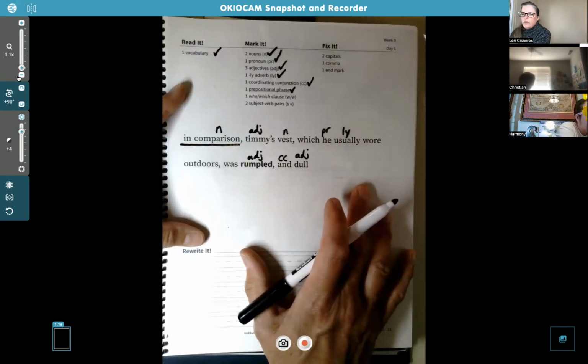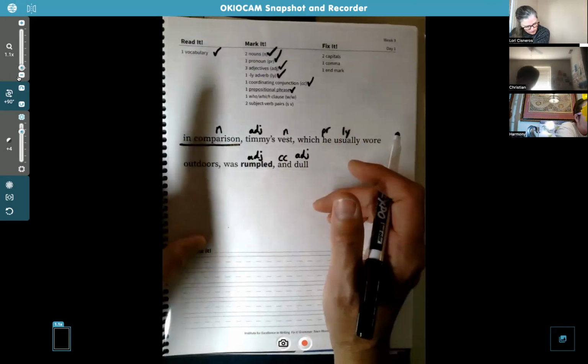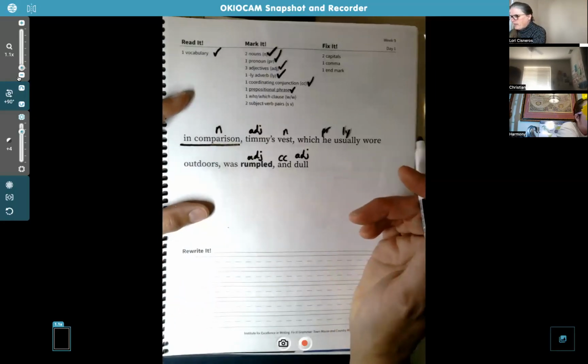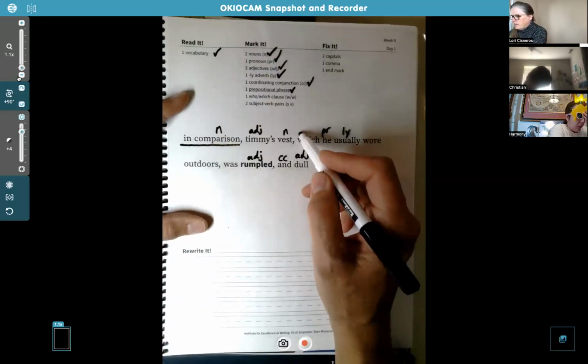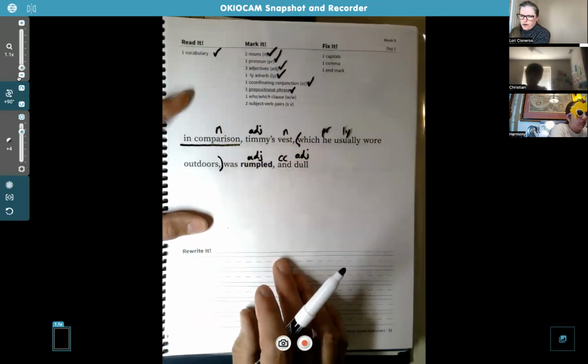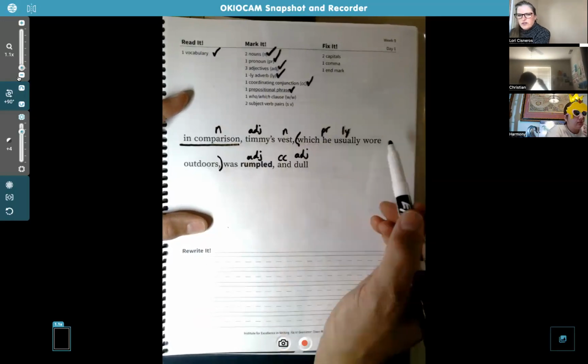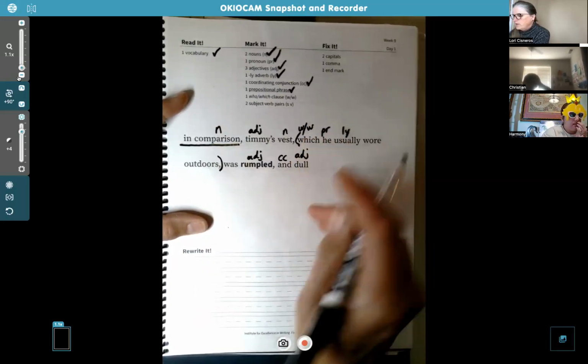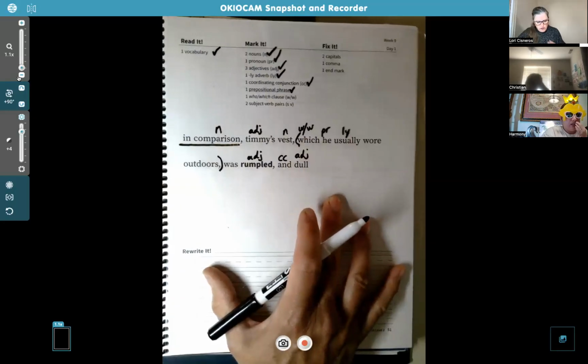Where is the who/which clause? It's after vest, then which, and then it ends after outdoors. Good. Okay, so now let's talk about outdoors for a second here. Because this is a which clause, by the way, we're going to label it W/W, starts with which.